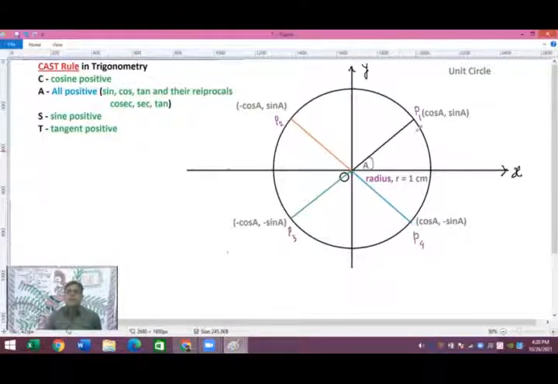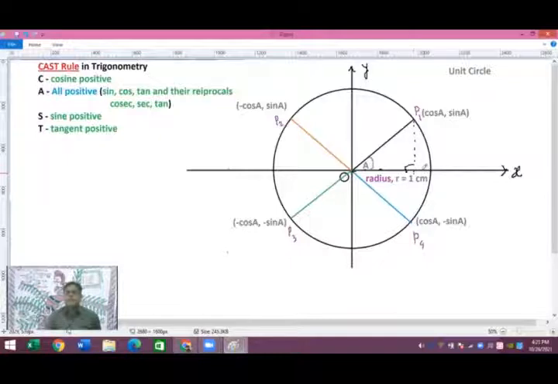Suppose you drop a perpendicular on this line, then it will be 90 degrees, and then you know that sine theta equals P by H, cos theta equals B by H, and tan theta equals P by B. That sort of thing we have to apply here. For example, I am interested to find this length.